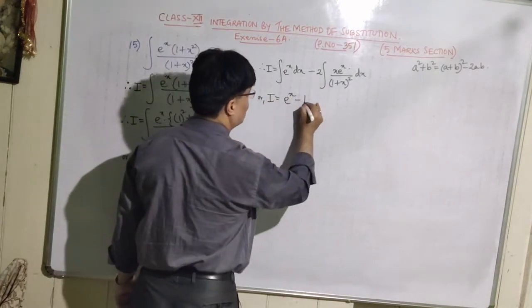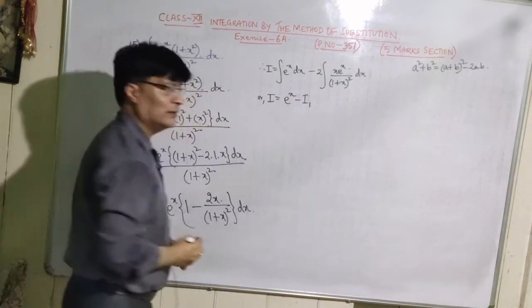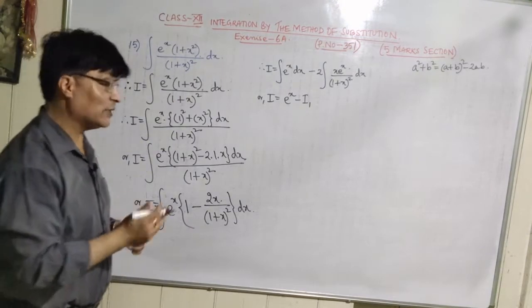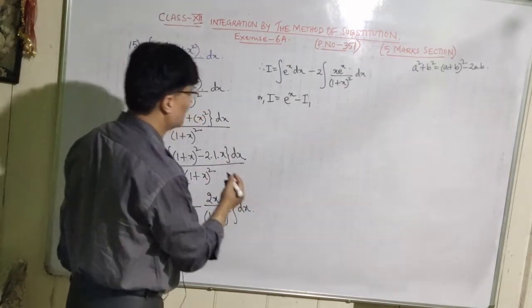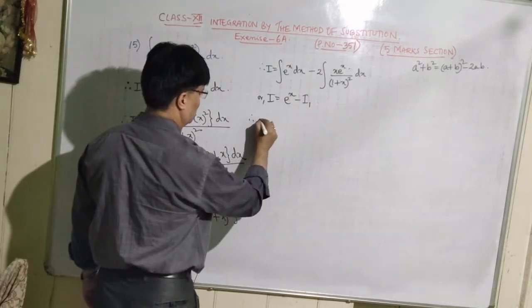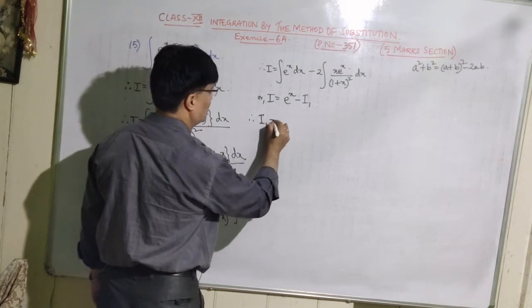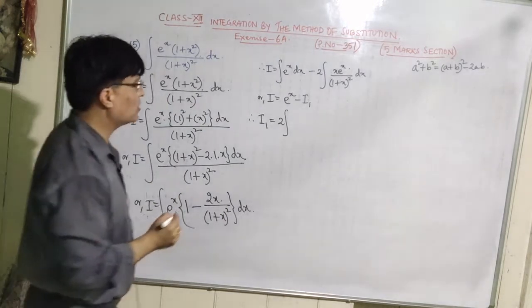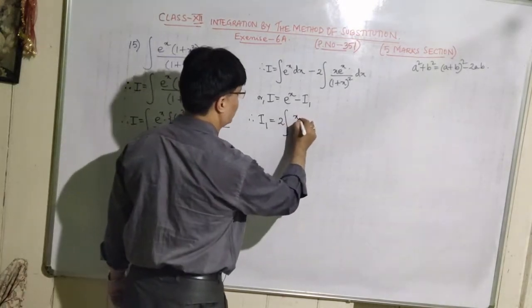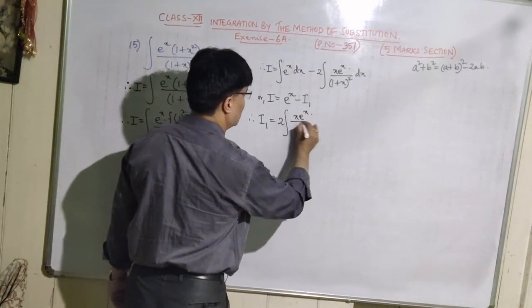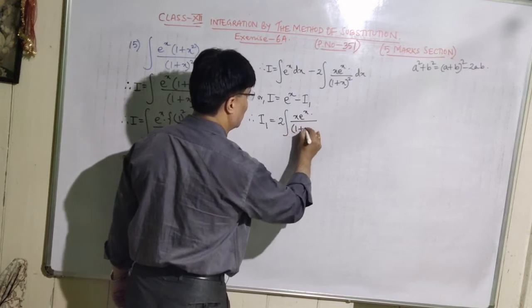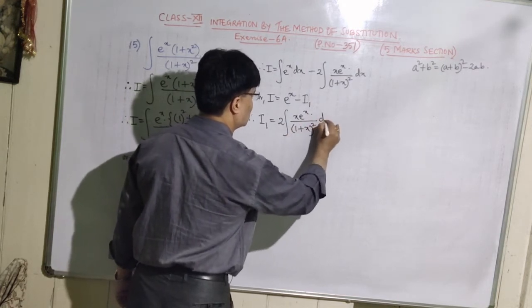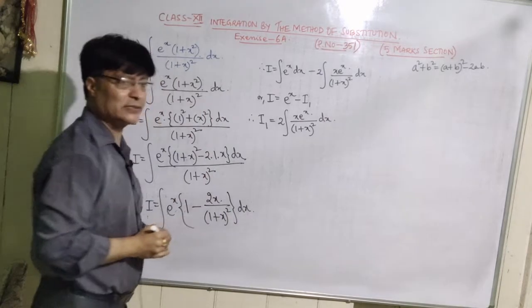So let us write it as I1. Let us calculate I1 now. So we have assumed this second integration as I1, that is I1 is equal to 2 integral sign x e to the power x divided by (1 plus x) whole square dx.